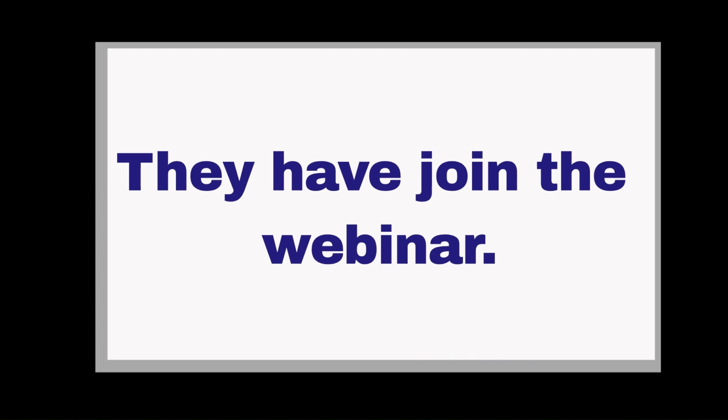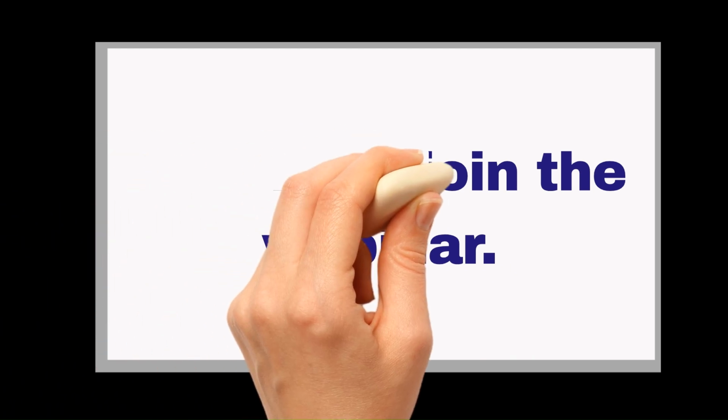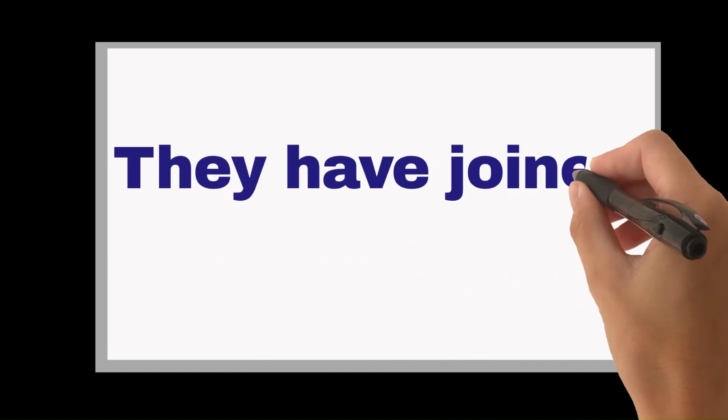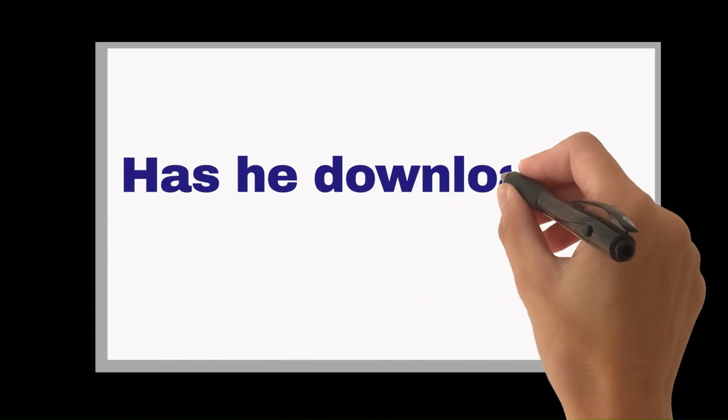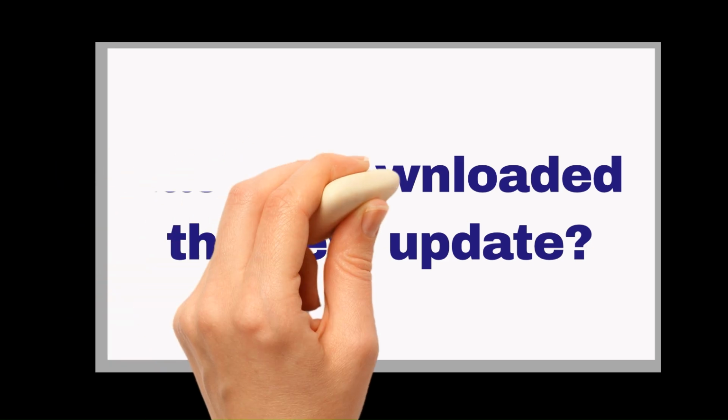Sentence 3 is, they have joined the webinar. The correct version is, they have joined the webinar. The next one is, has he downloaded the new update? This one is correct.